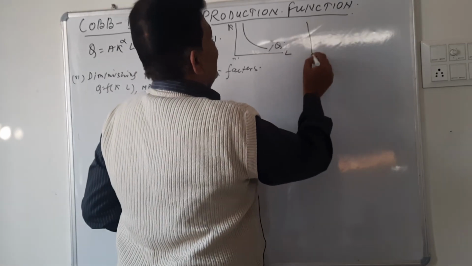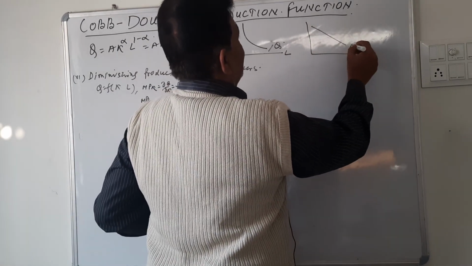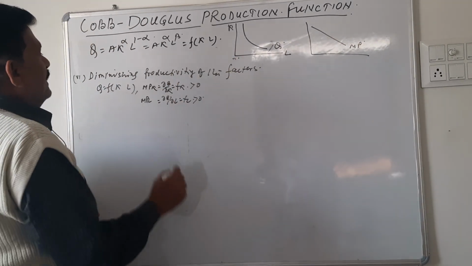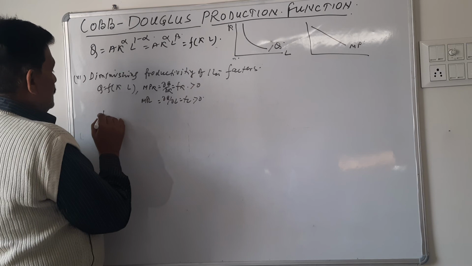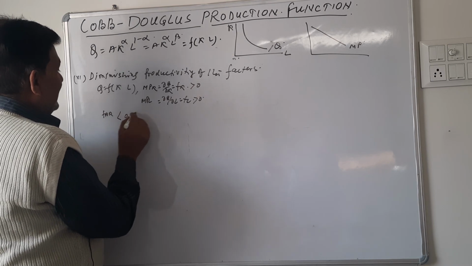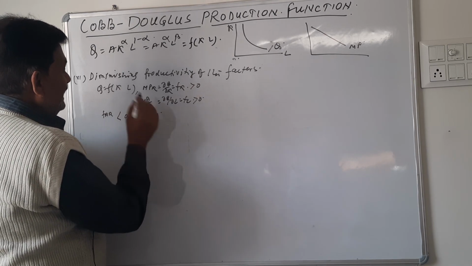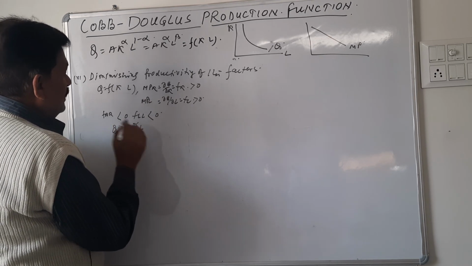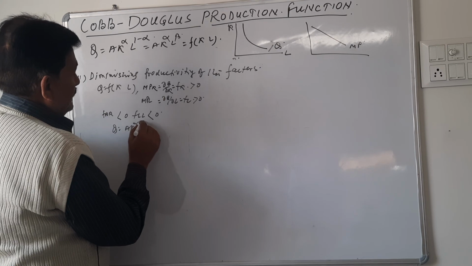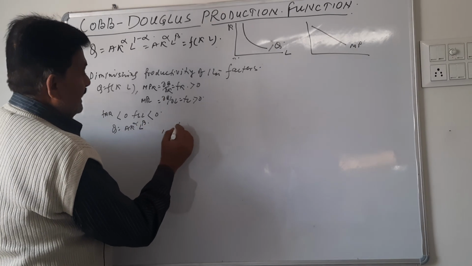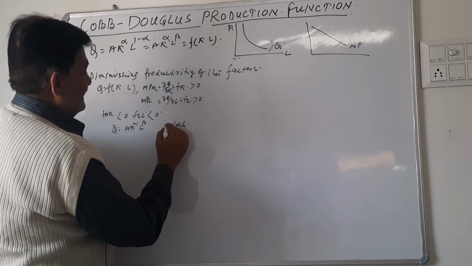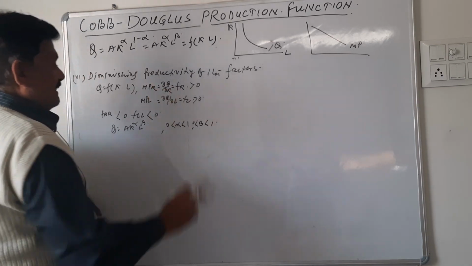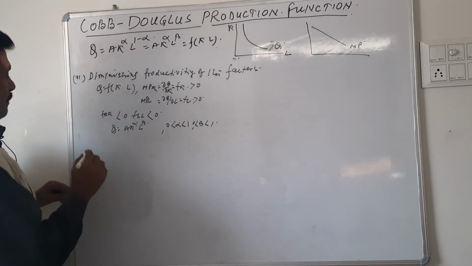So the MP curve having a negative slope, we have to show FKK negative and FLL negative. Now Q is A K to the power alpha, L to the power beta, where alpha is a positive fraction and beta is a positive fraction, both positive, both less than 1.